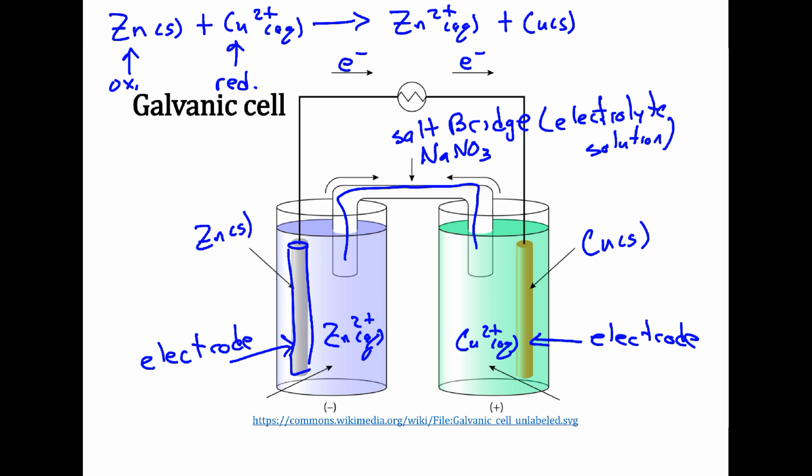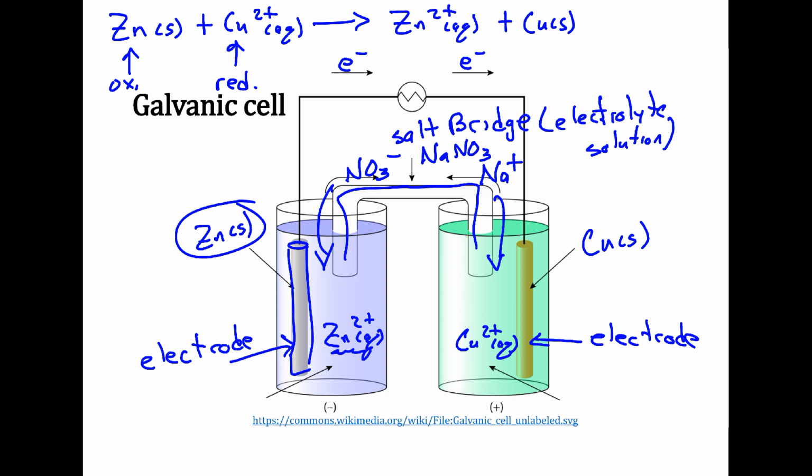So if we look at this, what we can see is zinc here is losing electrons, so that means zinc 2+ is being released into our solution. To balance the charge, the anions, so NO3 minus, are going to flow over here. And then the cations, Na+, will flow over here because the copper is going to be gaining the electrons, and we're left with copper 2+. So it's being reduced. That copper 2+ is forming that copper on that electrode.